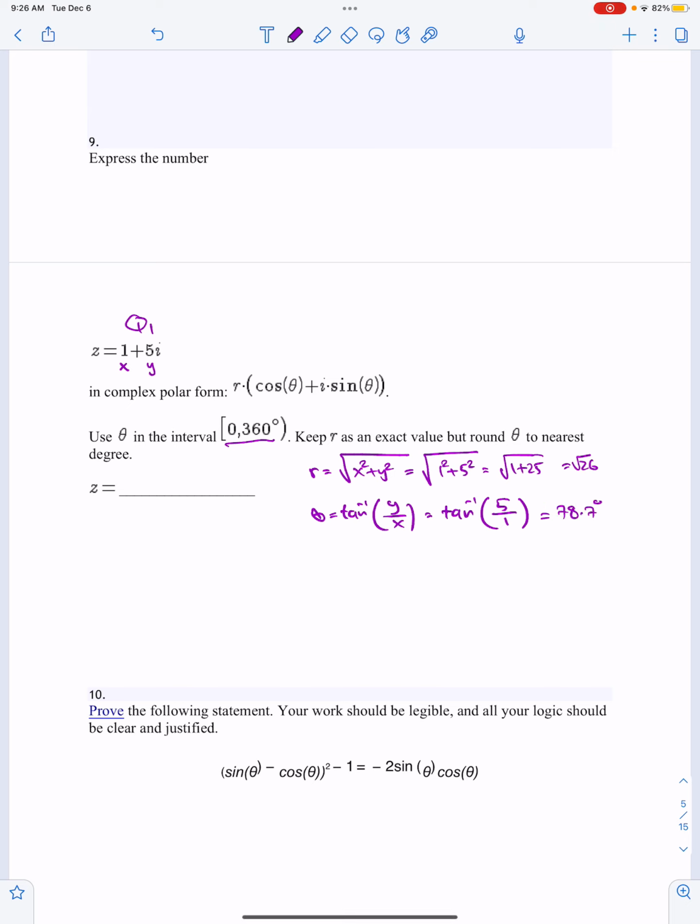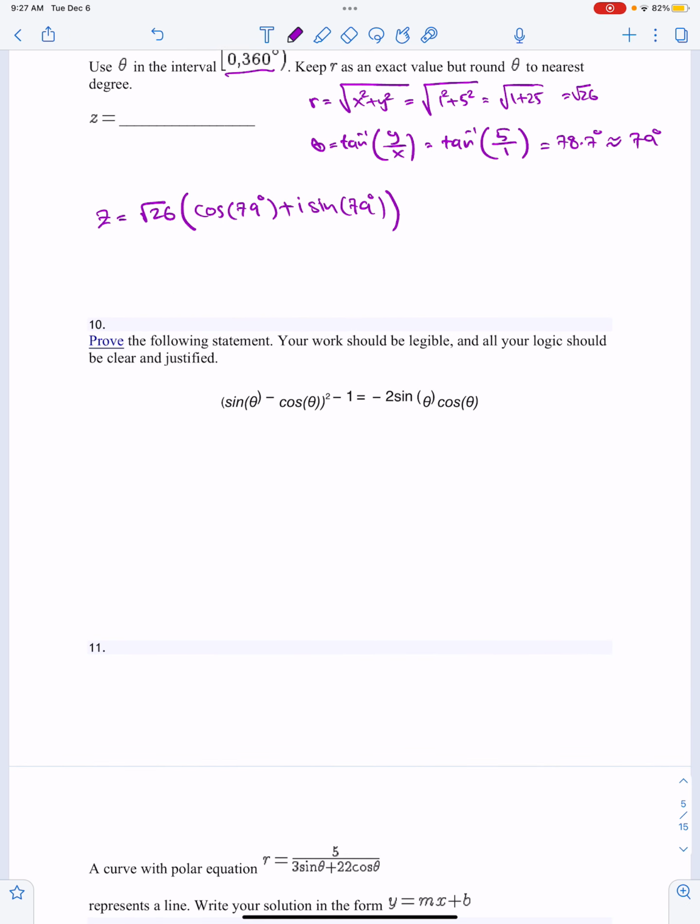I'm going to round this to a whole number, so 79 degrees. So z is equal to, I'm going to use this form, the square root of 26 times cosine 79 degrees plus i sine 79 degrees. And here is my complex number in polar form.